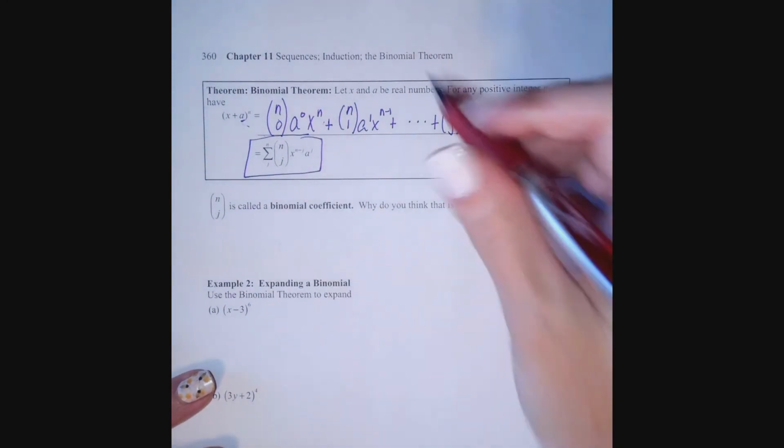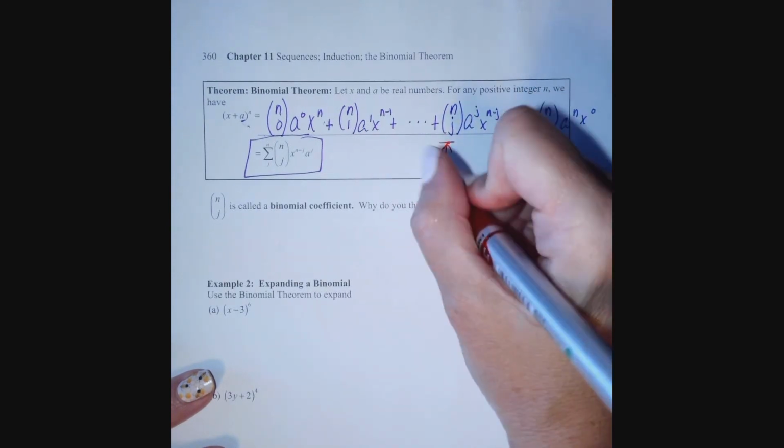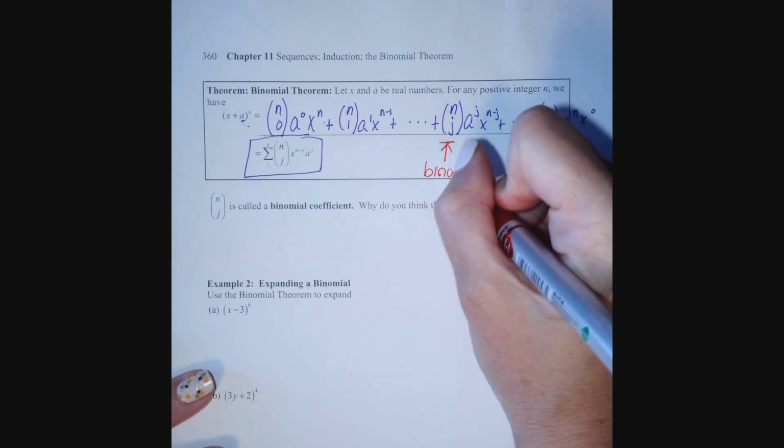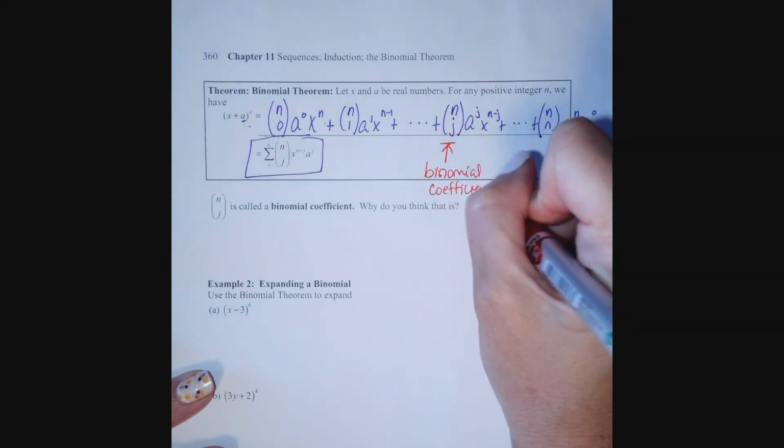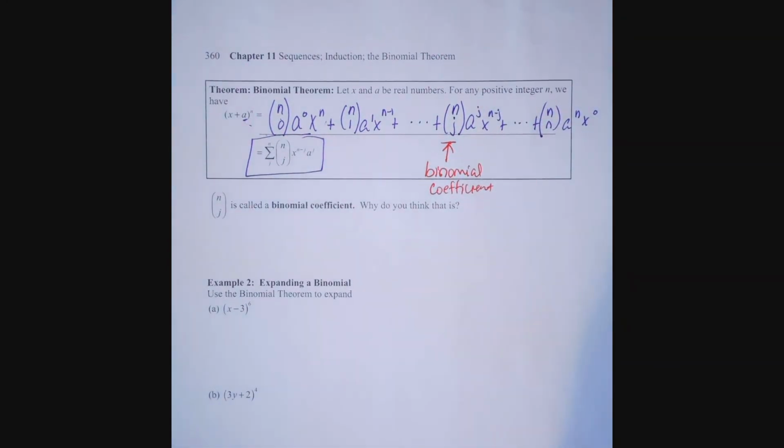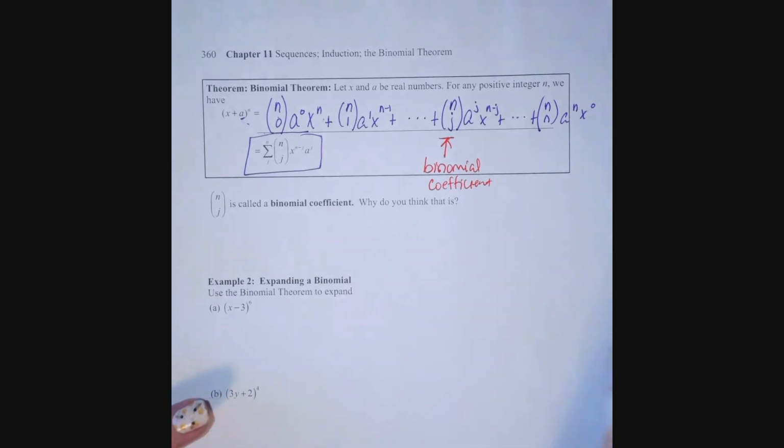Now remember, this n over j is what we call our binomial coefficient. And that binomial coefficient is what we can get from Pascal's triangle. We can either work it out by hand ourselves, or we can go look at the appropriate row in Pascal's triangle to find that binomial coefficient. By definition down here, what do you think it is?